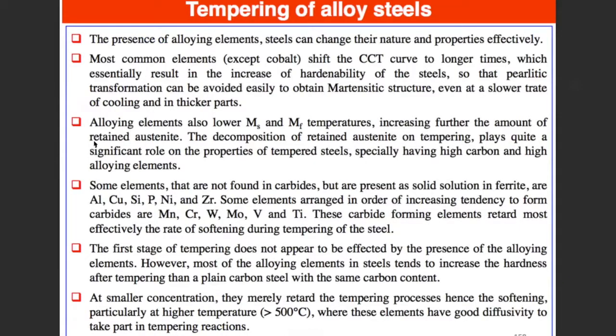And now we have to think about what happens to the tempering process when you have other things in there, when you have alloying elements.